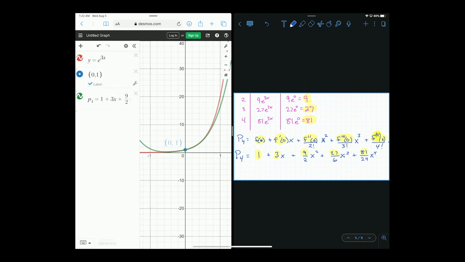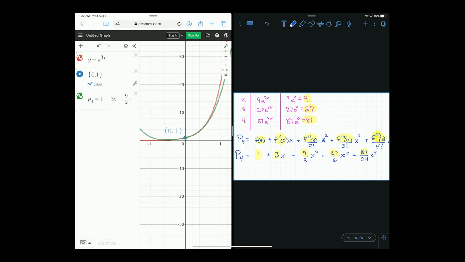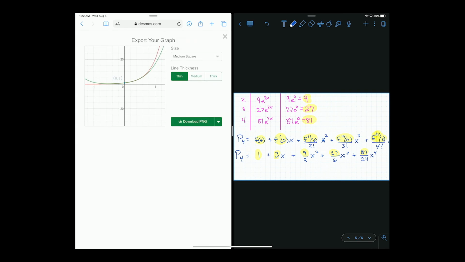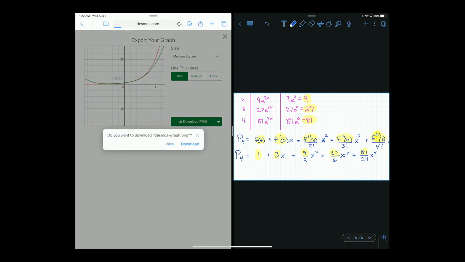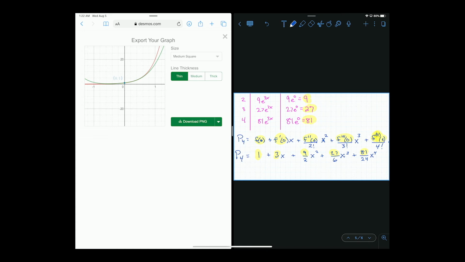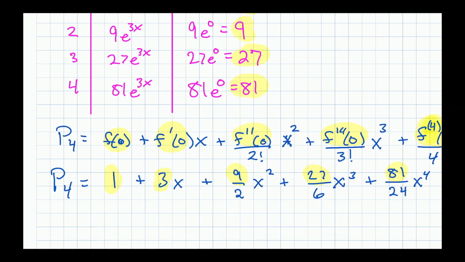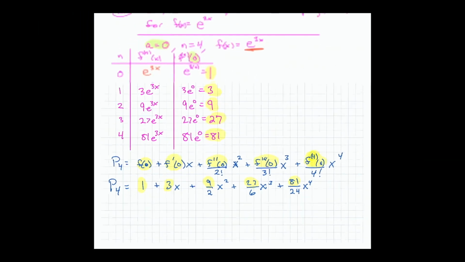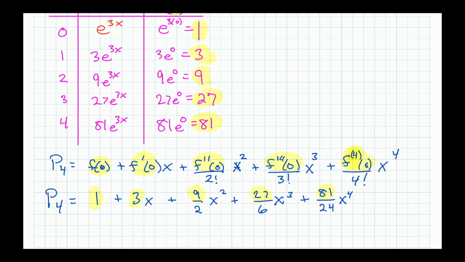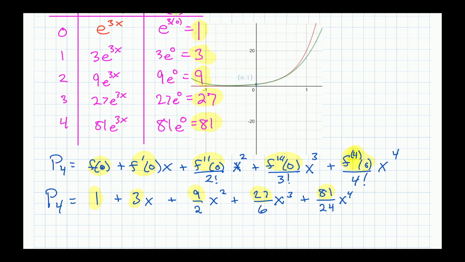Right, so do we want another picture of this? Let's do a picture. Export image. Sure, why not? Download. Let's put it right here. Okay.